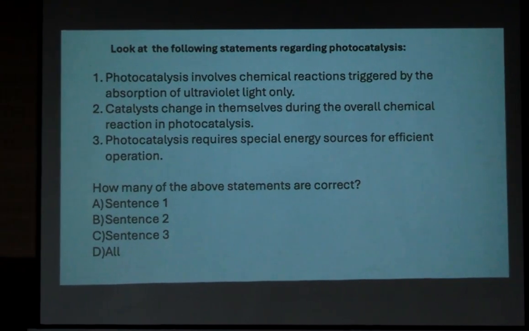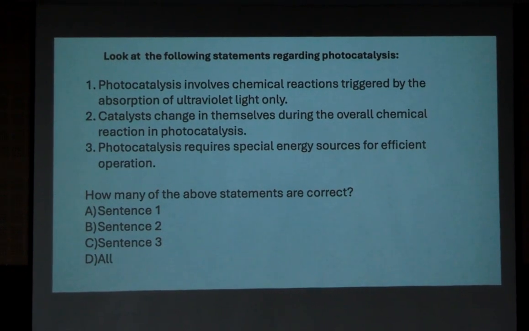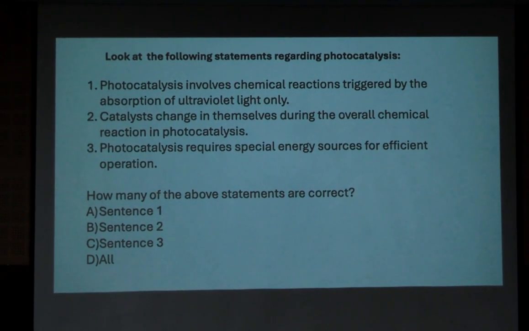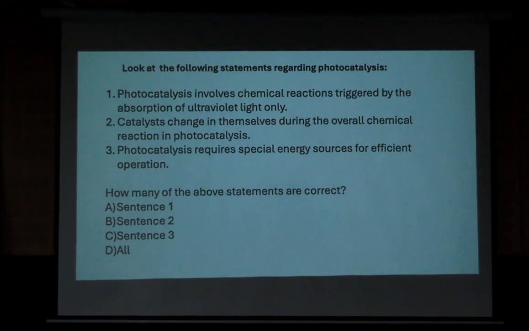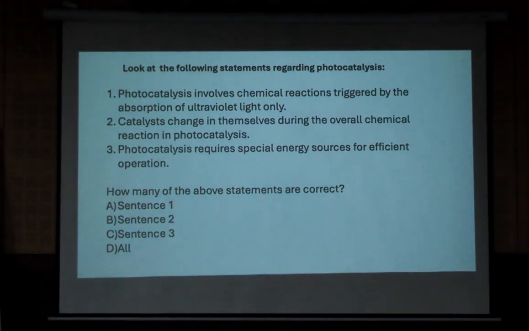So the first sentence: photocatalysis involves a chemical reaction triggered by the absorption of ultraviolet light only. Second, catalysts change in themselves during the overall chemical reaction in photocatalysis.